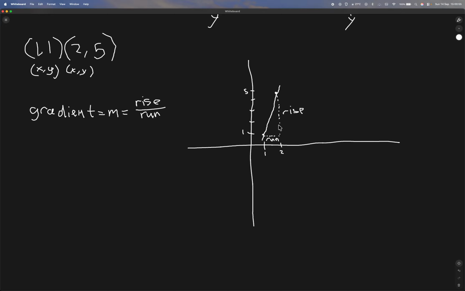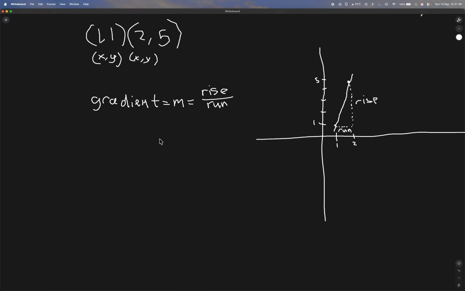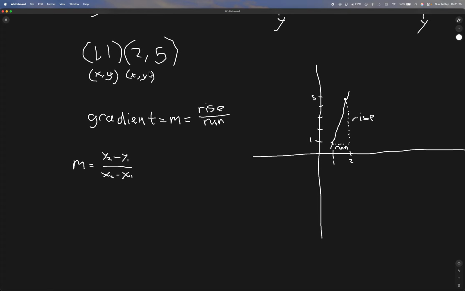You can think about it as rise is, a high-rise building goes up, and run, you run along the horizon, you don't run vertically, or most people don't. So, the formula is going to be y2 minus y1 on x2 minus x1.